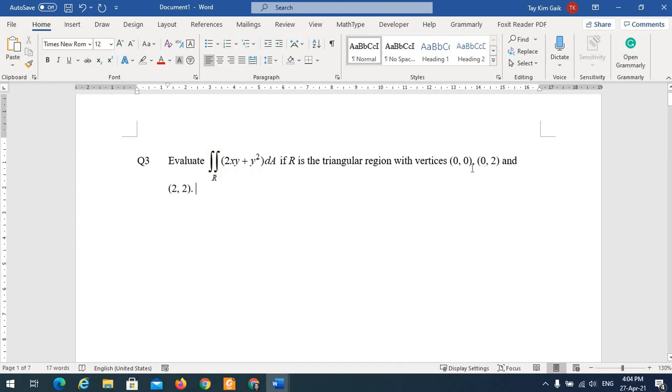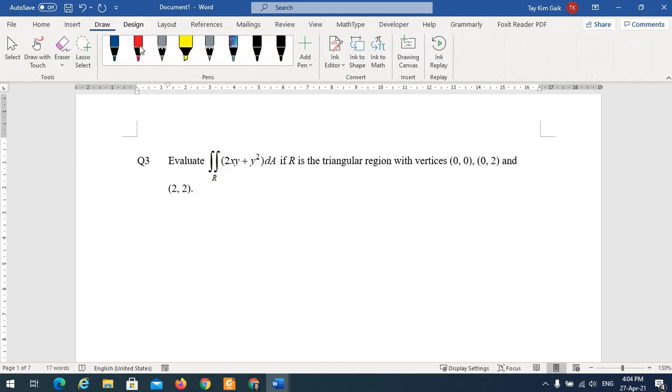So this one, you have to sketch, they give you the vertices 0, 0, 0, 2, and 2, 2. So you sketch this triangular region so that you can get the equations. This is the xy axis. So the point 0, 0.